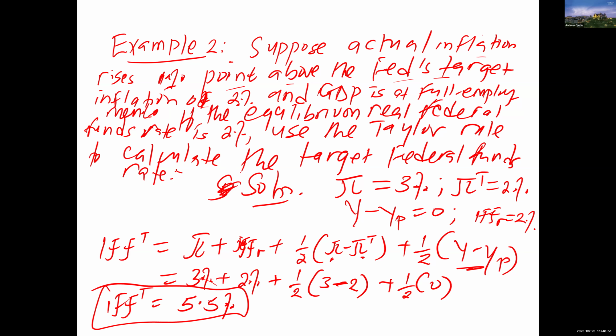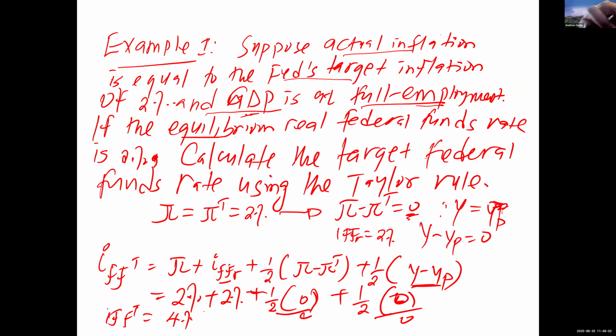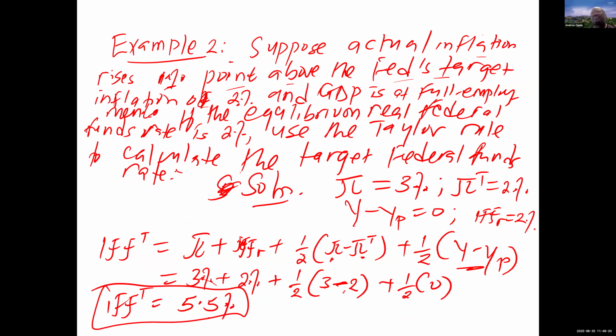So this is 3 plus 2, which is 5. 3 minus 2 is 1. So 1/2 times 1 is 1/2. 1/2 plus 5 is 5.5. So according to Taylor, if you begin from a point where GDP was stable at full employment and inflation was where the Fed wants it to be, at the 2% target, and then inflation rises above the target by 1 percentage point, the Fed should raise the interest rate from 4% to 5.5% at their next meeting.